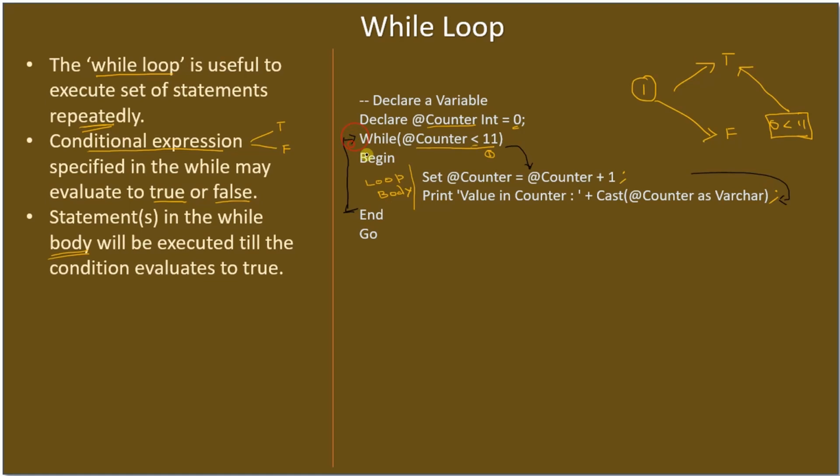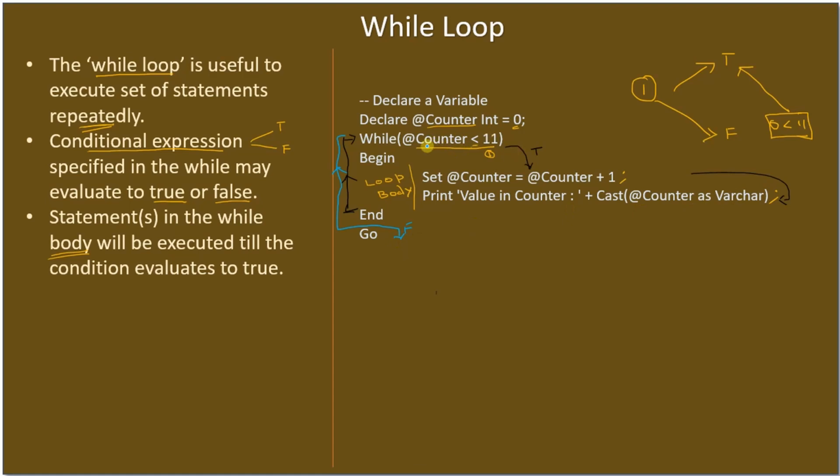If it is an if statement, it will jump here and go to the next statement, but since this is a loop, we will go back to evaluate this expression once again. So till the condition evaluates to true, we will enter inside the body. But if it evaluates to false, we will come out of this loop. So when condition evaluates to false, we will come out of this loop.